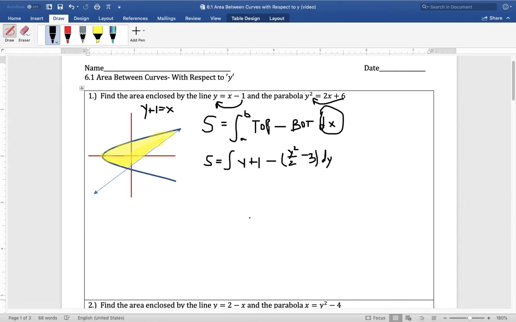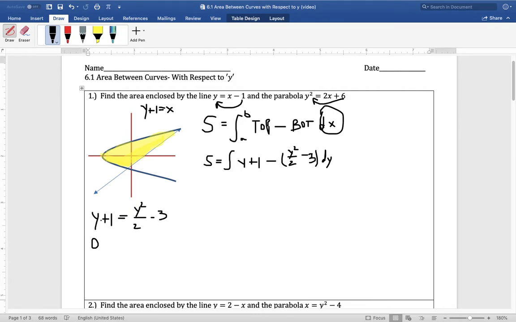Now, talking about limits, we're going to take these two functions and set them equal to each other. So you have y plus 1 equals y squared over 2 minus 3. At this point, I would just multiply everything by 2. And if we all do this in our heads, to save me some writing, multiply everything by 2, subtract this stuff over, here's what you get.